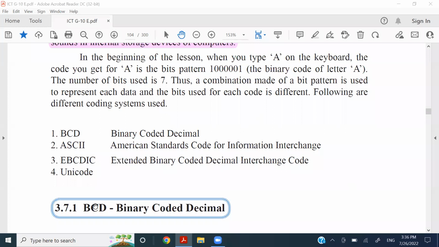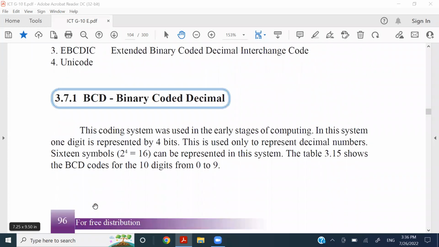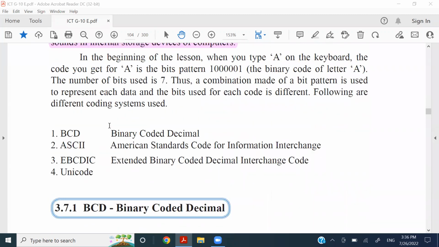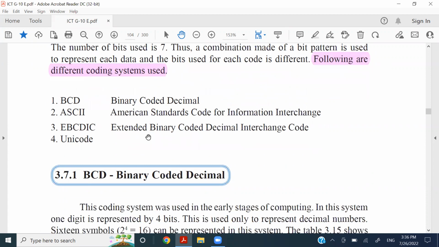Okay, let's write the binary coded decimal. Let's do it like this, people. It's better you write this sentence, then put Roman number 1 and have this heading. Not actually a heading, it's kind of the first coding system.